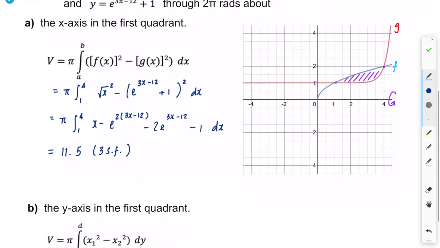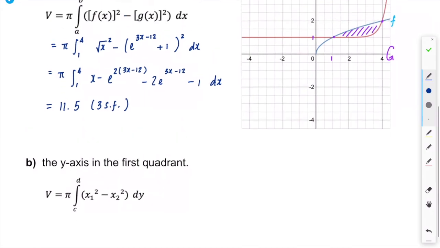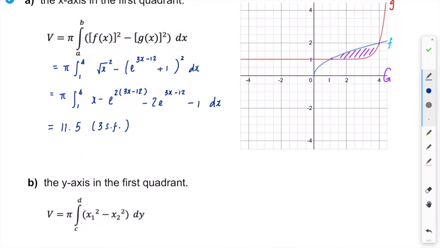And then if I'm interested in finding the volume of revolution formed by that shaded piece, but this time about the y-axis, I just have to make some slight changes to the functions themselves, and then apply the same idea. And this time we are going from 1 to 2 as our boundary for the calculations.